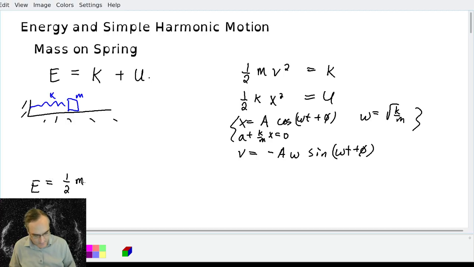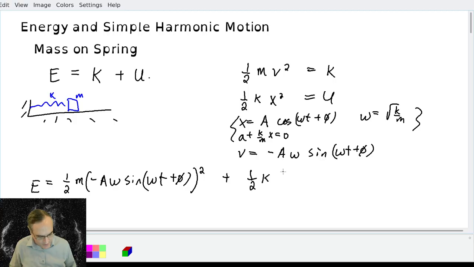1/2 m, the velocity squared, so minus a omega sine omega t plus phase, the whole thing squared, plus 1/2 the spring constant, times the value of x, which is a cosine of omega t plus the phase. Whole thing squared.